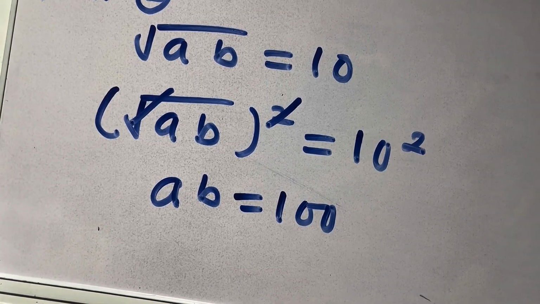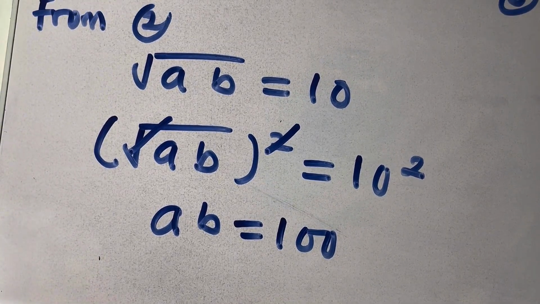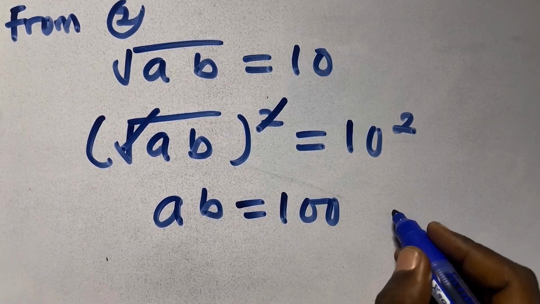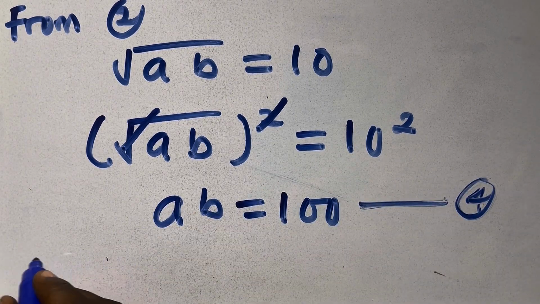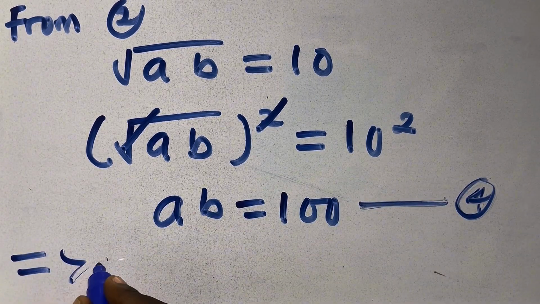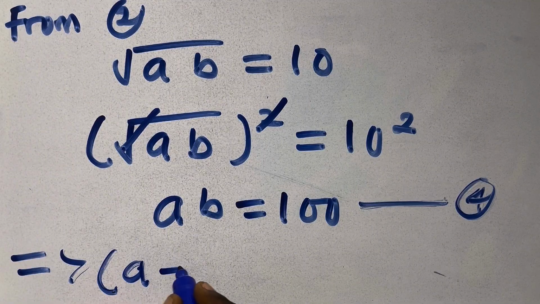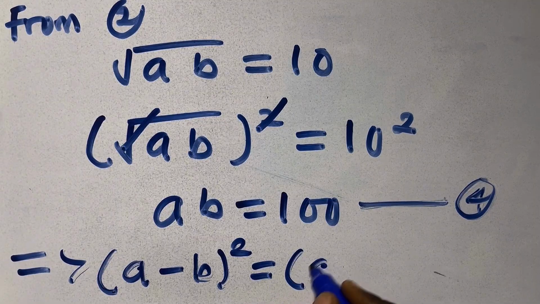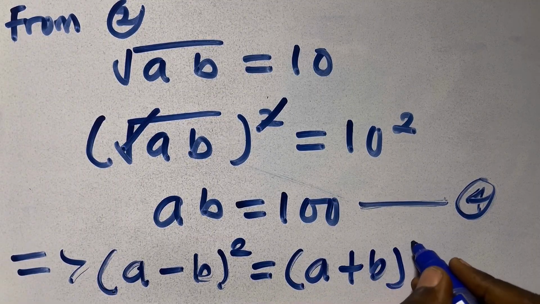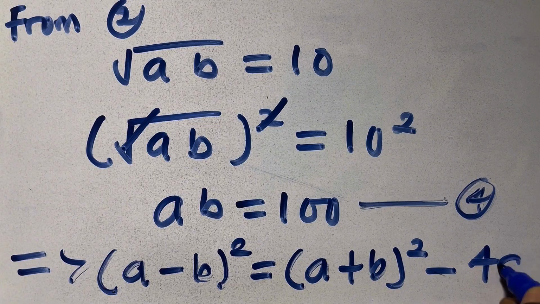Let's call this our equation 4. Now let's recall the identity that the square of the difference of two numbers is given as (a plus b) squared minus 4ab. This is what we are going to apply.